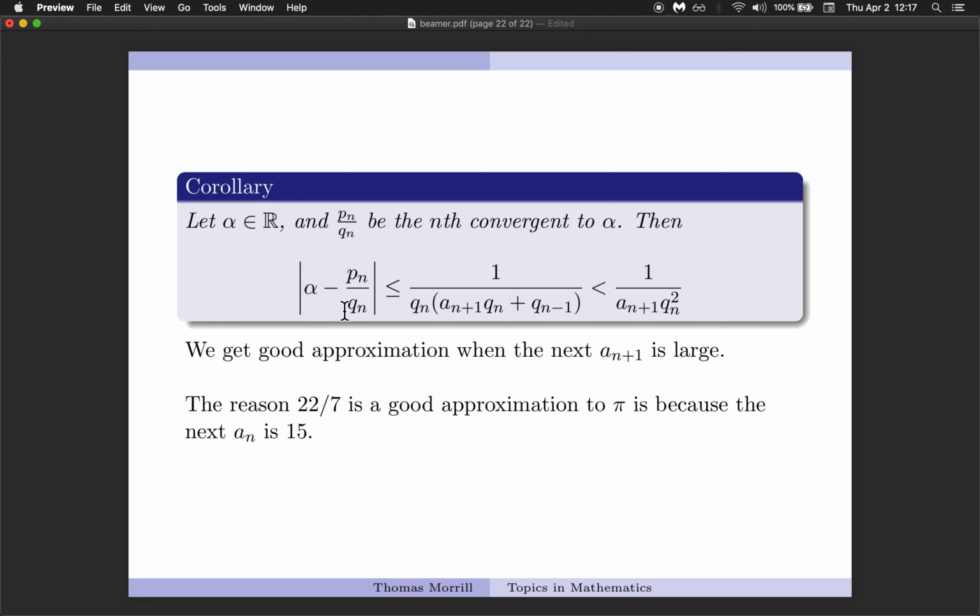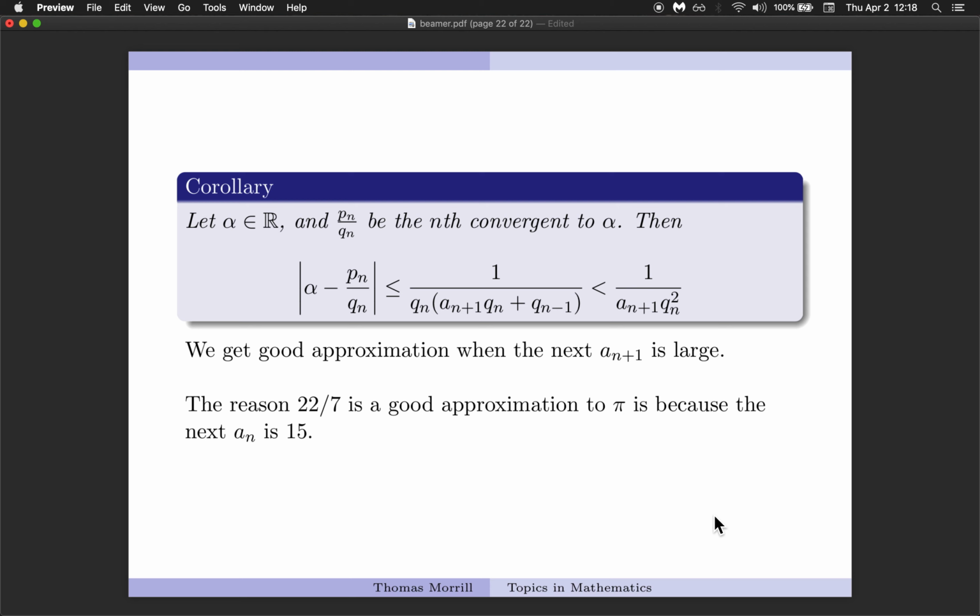So no matter which convergent I'm looking at, it's going to be the same qn as over here. Yeah? But it'll be a relatively better approximation when I have a large value of an plus 1. So think about this. If I'm calculating continued fractions, I'm using my algorithm, I'm pulling out integer parts. When do I know to stop?